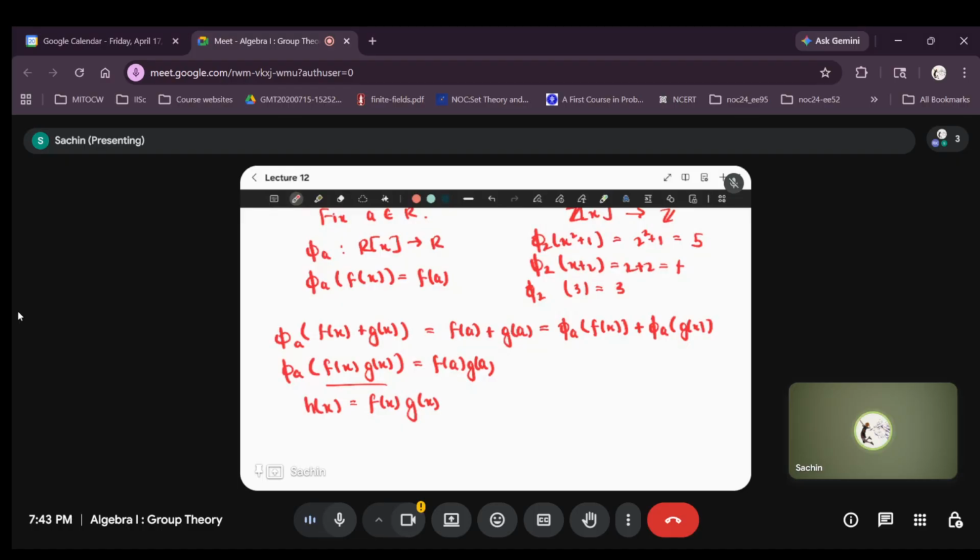So if h of x is the function f of x times g of x, then h of a is defined to be f of a dot g of a for all a in the domain R. So that's simply by definition of the product of two polynomials.